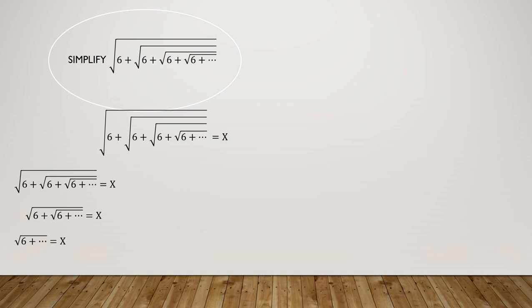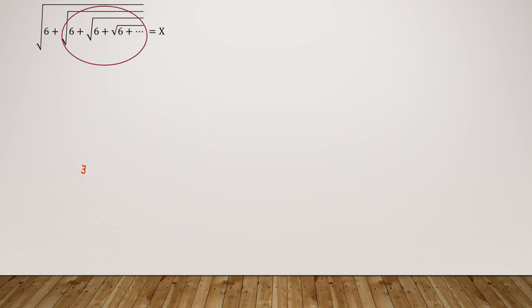Now note this side. If we check this slide well, the first thing here, I circled 1, 2, and 3. I circled root 6 plus root 6 plus root 6 plus to infinity. Why am I circling it?